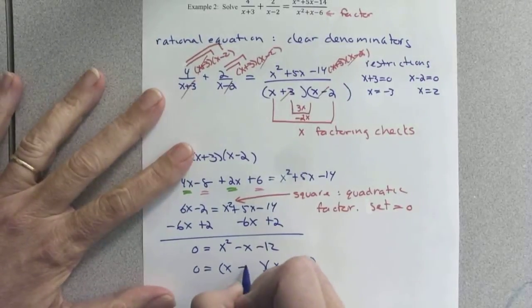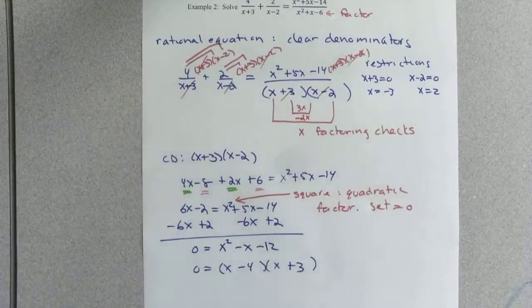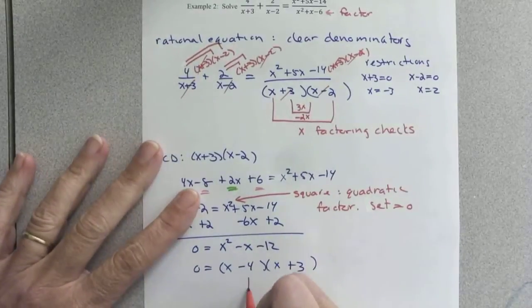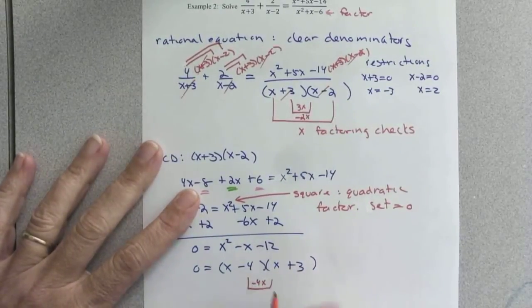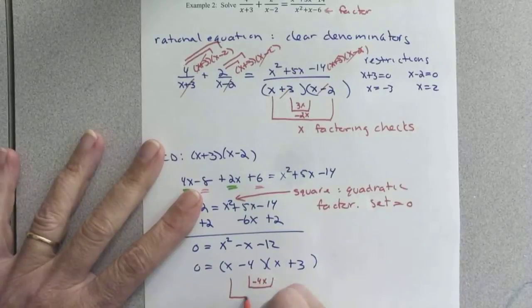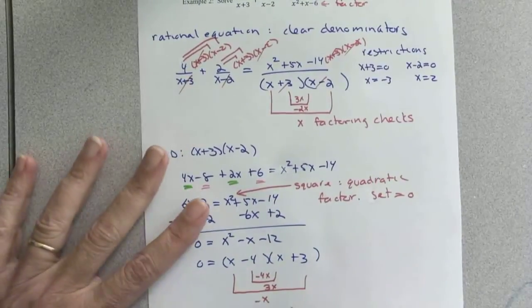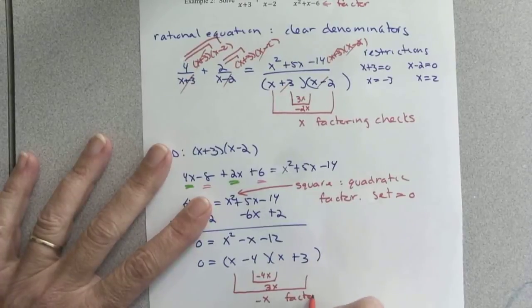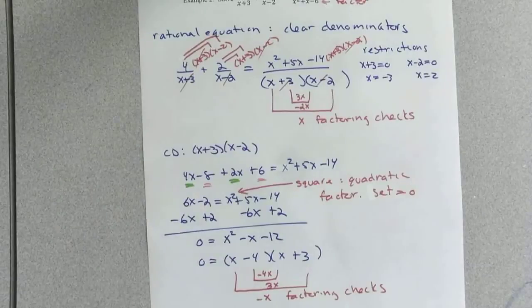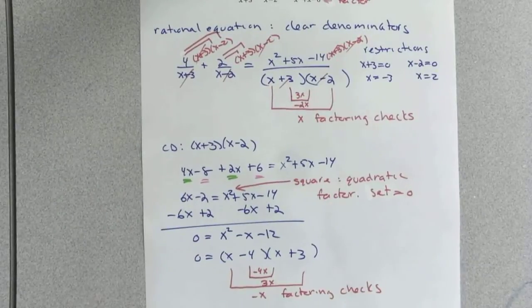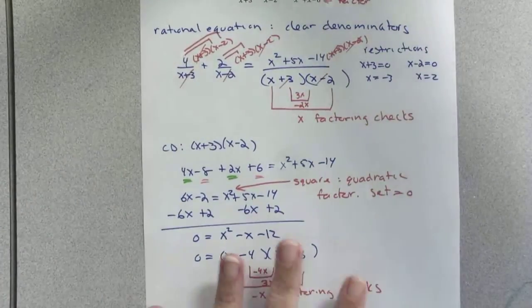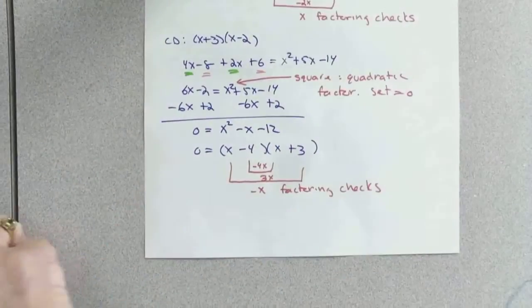But what's going to work here is minus 4 plus 3, but then the way you check that is to look on the inside. I've got negative 4x. Look on the outside, 3x, which gives me negative x. So the factoring checks. And you certainly don't have to show that, but you should think it. Does my factoring check? And it does.